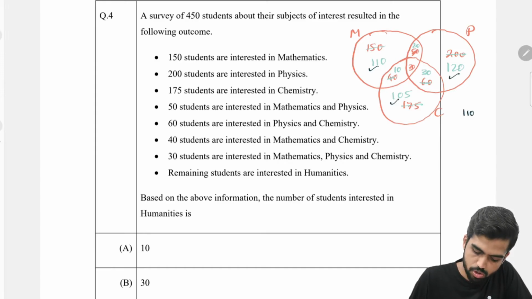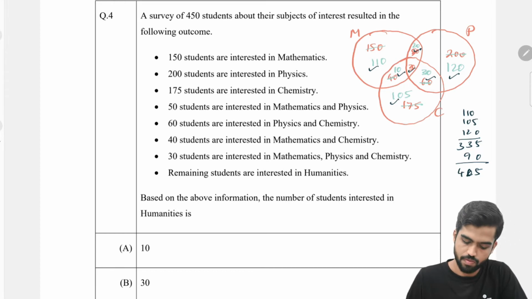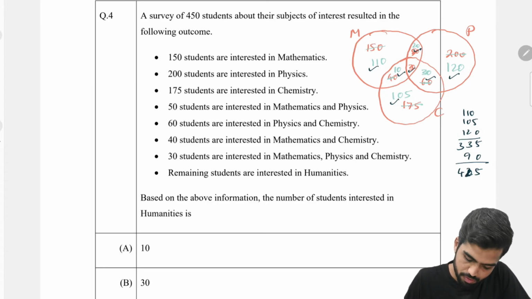So this would be 120, 335 plus 10, 20, 30, 30, 60, 60, 30, 90. This would be 405, 425, something we have done.